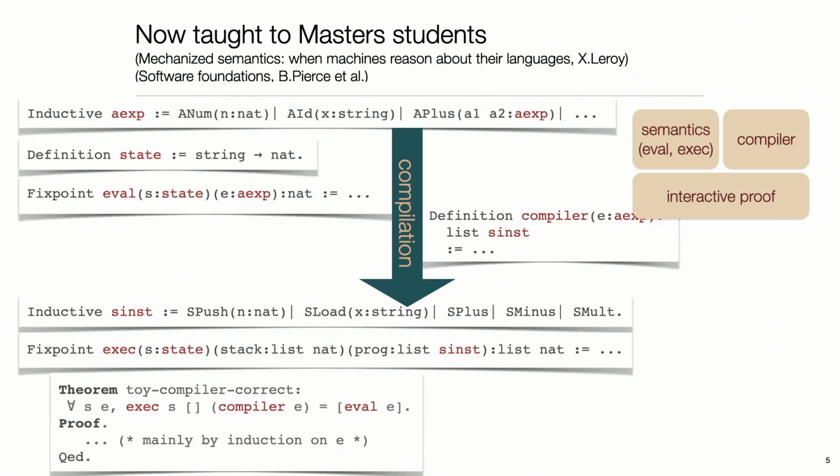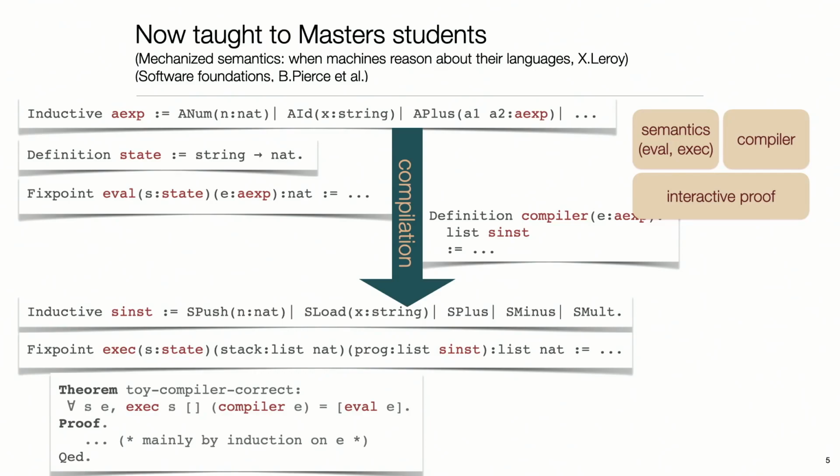For all expressions E, the value of the expression E, as given by the semantics of the source language, eval of E, is exactly the value computed by the compiled program, here using function exec.